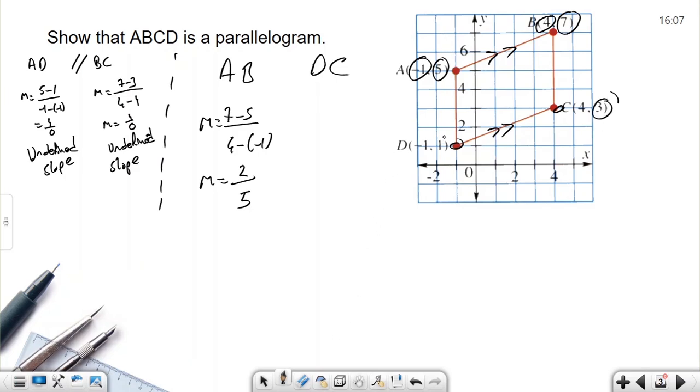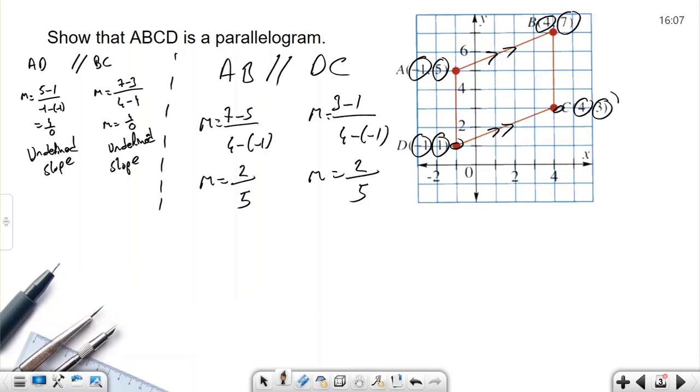Again, y2 minus y1, 3 minus 1 over 4 minus minus 1. 3 minus 1 is 2, 4 minus minus 1 is 5. So 2 over 5. They have the same slope, so AB is parallel to DC.